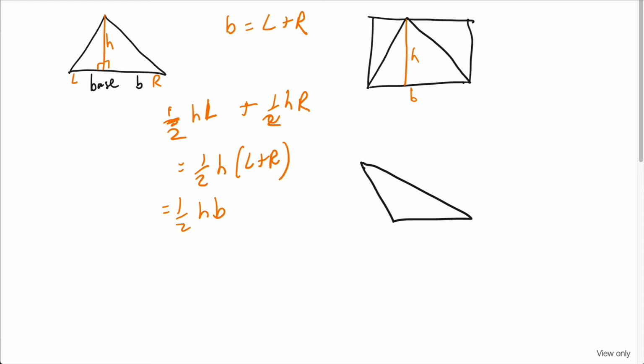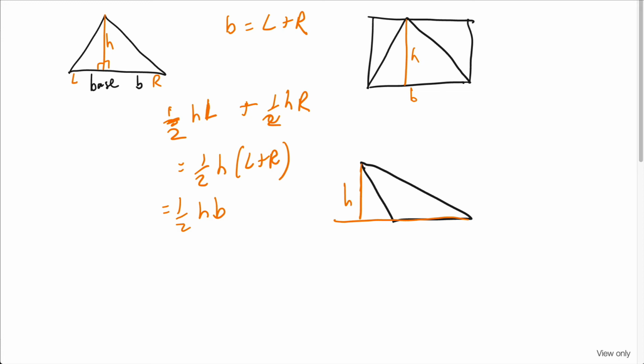Now, there is another kind of triangle that might be of interest. One where the angle here at this place is greater than 90 degrees, so it's kind of wide, an obtuse angle. But the formula still holds. So we've got H here.